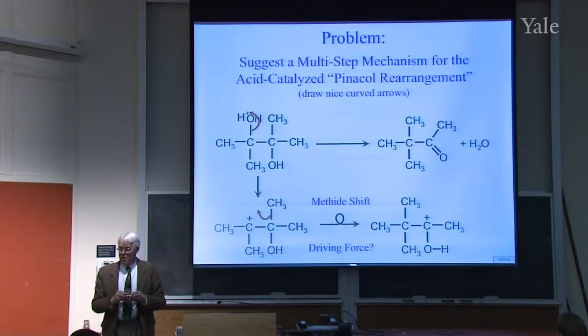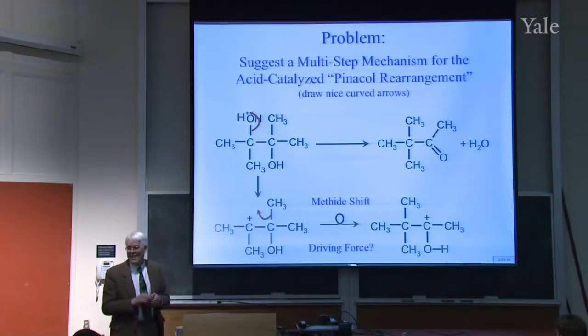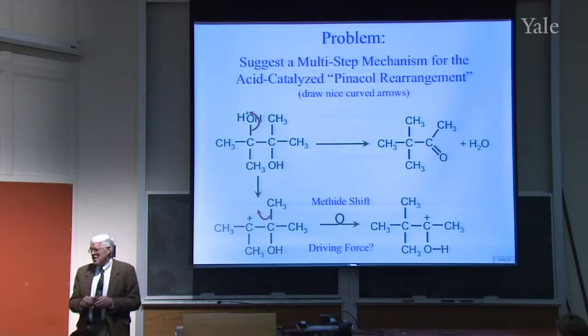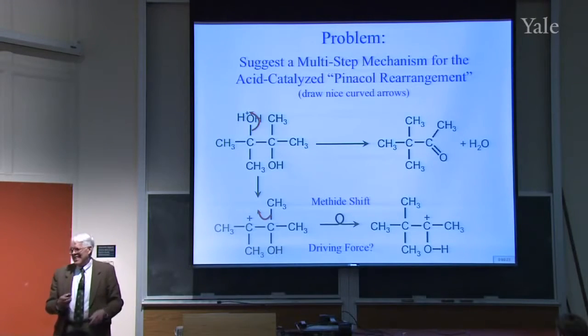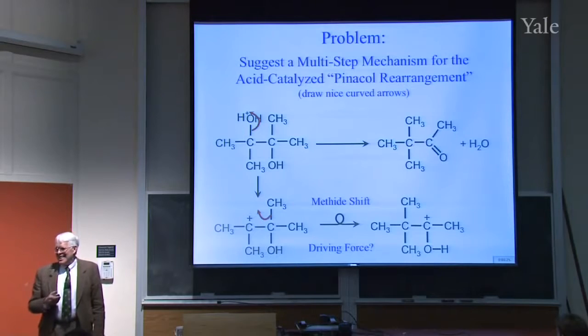Can anybody see why it could be good to have the oxygen next door? It's certainly not that sigma bond. What about the unshared pair? They stabilize the positive charge.